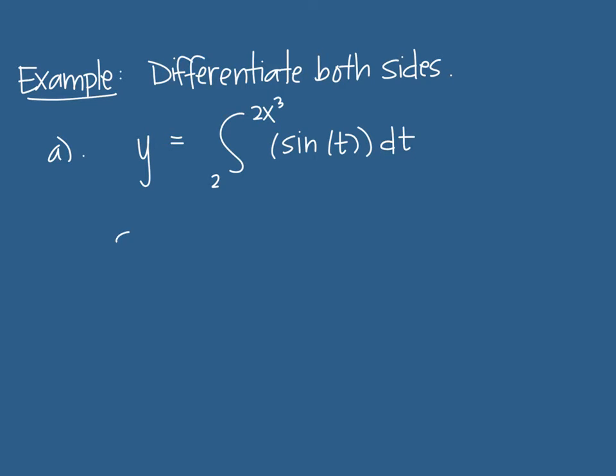So the differentiate is just dy dx. That's the easy side. On the second side, we need the fundamental theorem of calculus part 2, which says when you're going to do something that has an integral with some bounds in it, then you start with the function itself, regular f. I don't have to change this into a capital F.